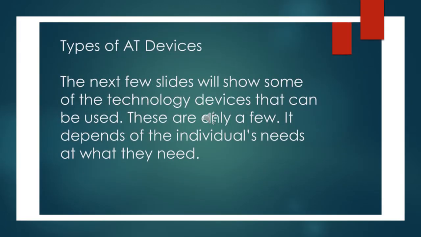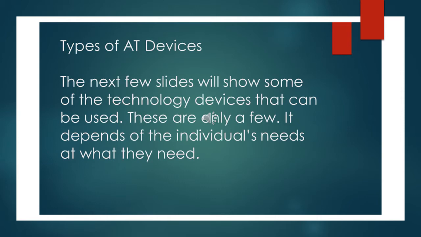In the next few slides, you'll be seeing examples of AT devices that you can use in the classroom. These all vary in a student's individual needs. They may need a communication device just to help them communicate because they're autistic. There may be a student that has a visual impairment, so they may need something raised. There may be communication devices that just help them participate in the classroom.